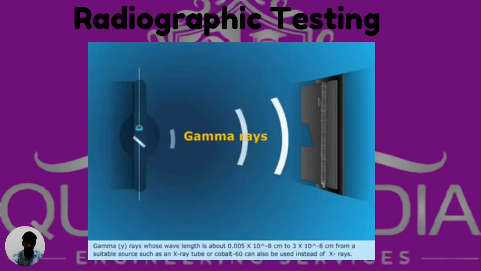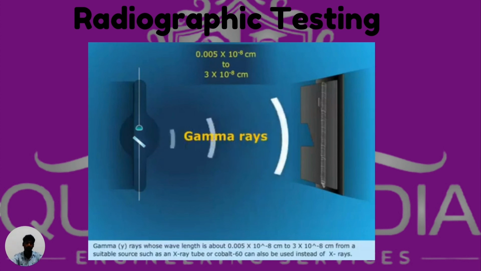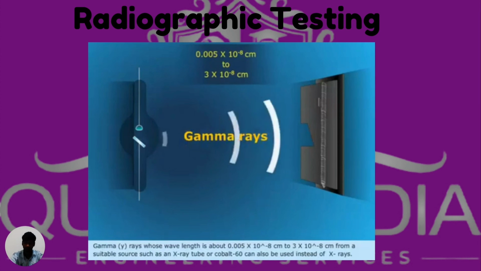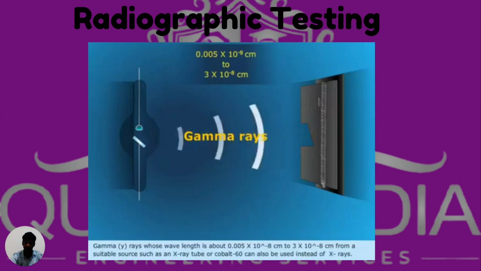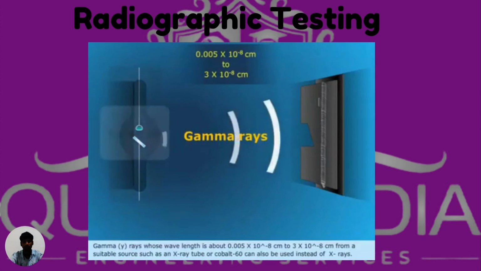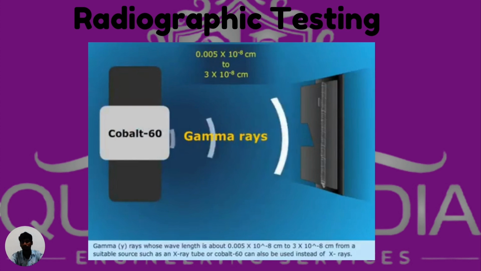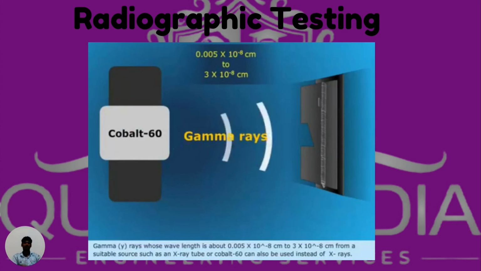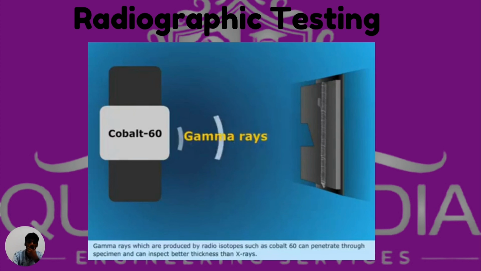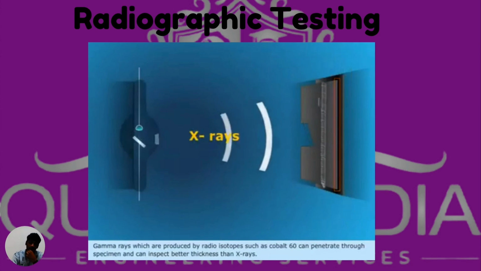Gamma rays, whose wavelength is about 0.005 into 10 to the power of -8 centimeters to 3 into 10 to the power of -8 centimeters, from a suitable source such as an X-ray tube or cobalt-60, can also be used instead of X-rays. Gamma rays, which are produced by radioisotopes such as cobalt-60, can penetrate through the specimen and can inspect greater thickness than X-rays.